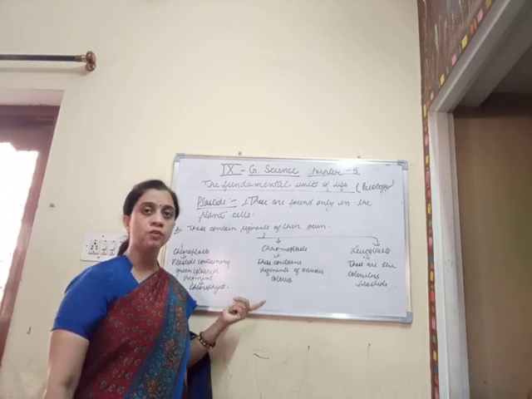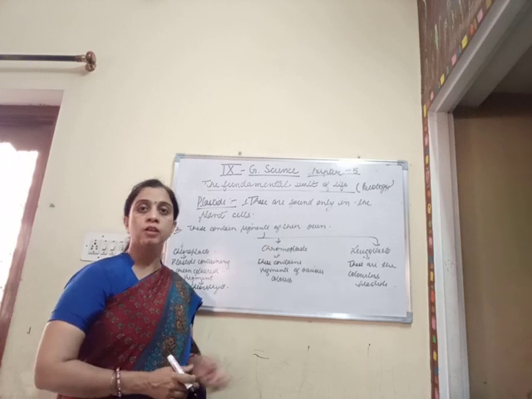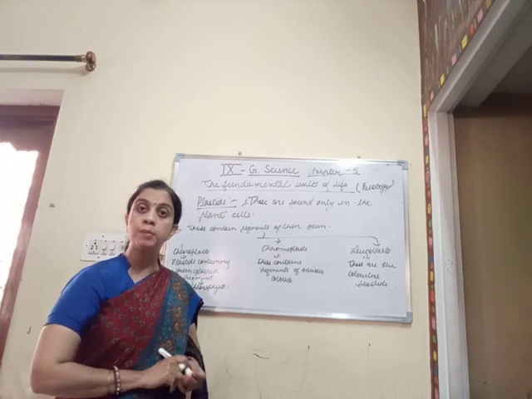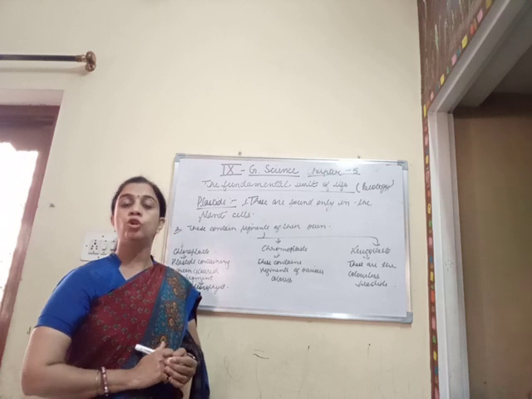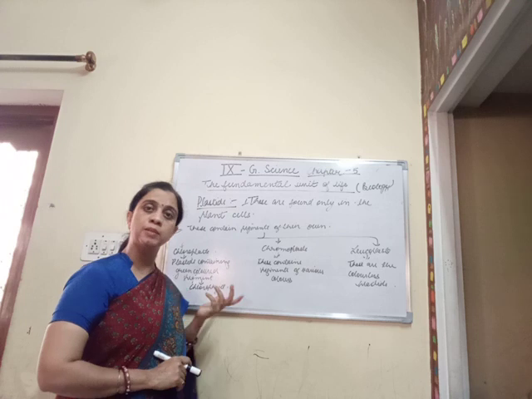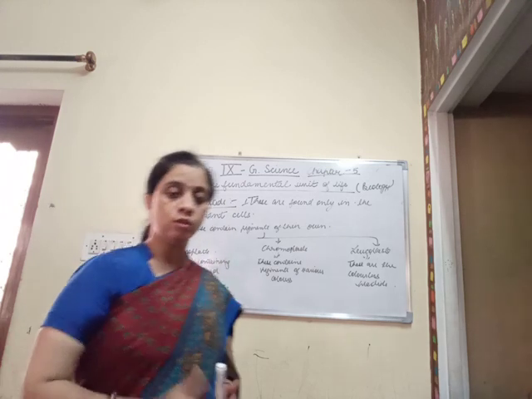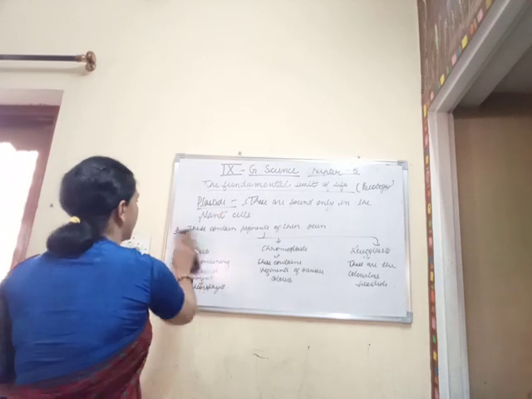That is, they convert light energy into chemical energy. That is the very basic function of the plants, that they are capable of preparing their own food. That is what photosynthesis is, and that is what makes the plants autotrophs.